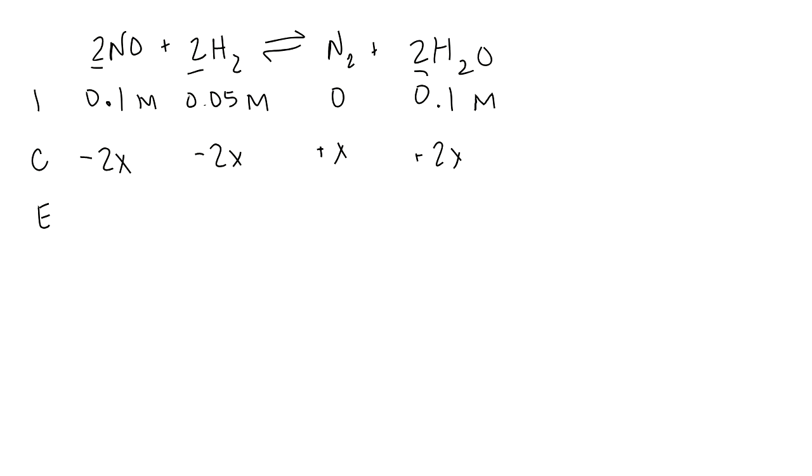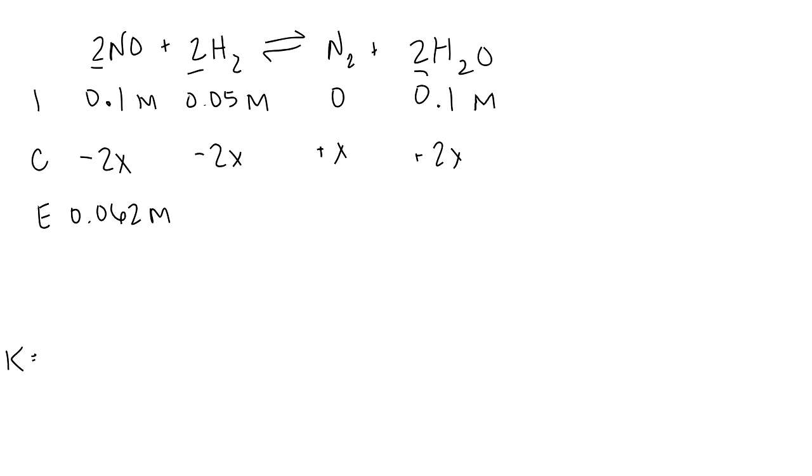And then we were told that at equilibrium, so that's our E row, NO is 0.062 molar. And our goal is to find K. So in order for us to find K, we can start by just writing out the generic equilibrium expression.